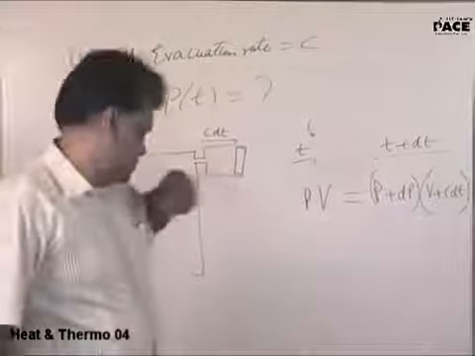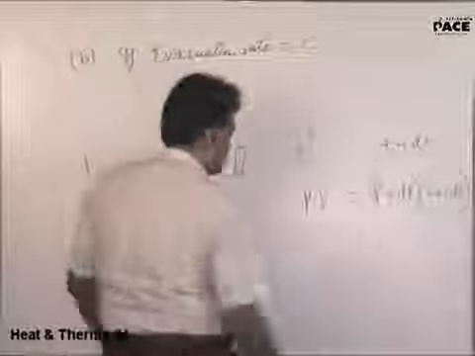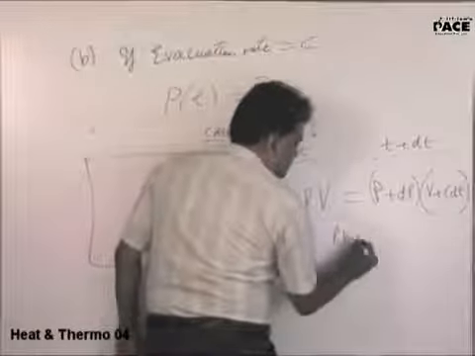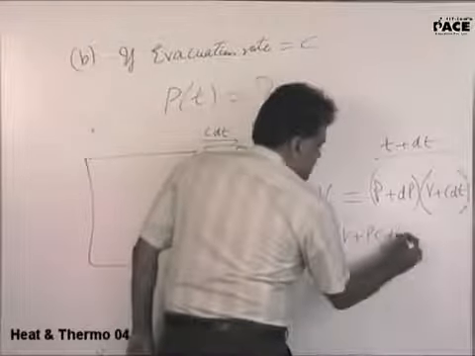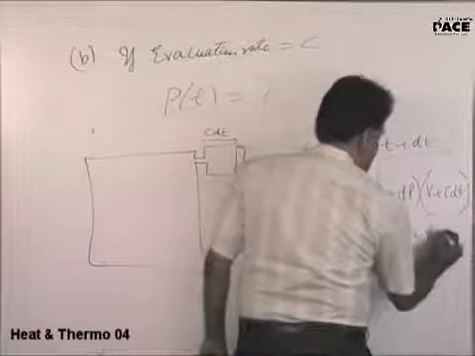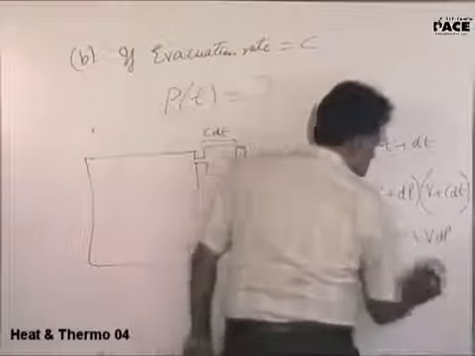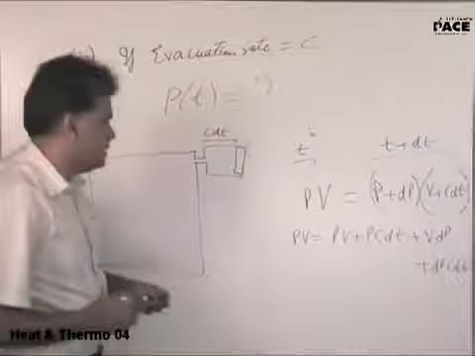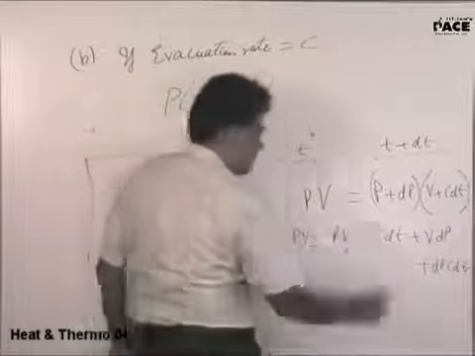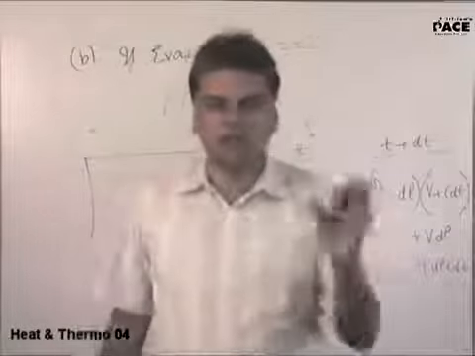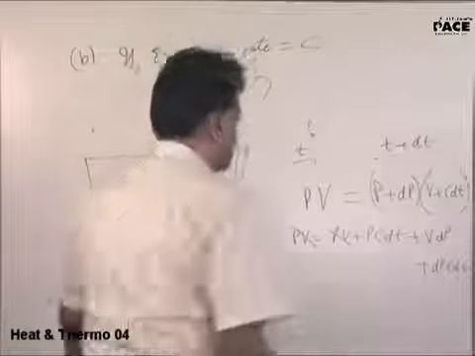So now this is the differential equation which we can create. What is the differential equation we get? PV equals PV plus PC dt plus VdP plus dP C dt. Now PV cancels. dP into dt is infinitesimal and negligible, tending to 0. We drop this.